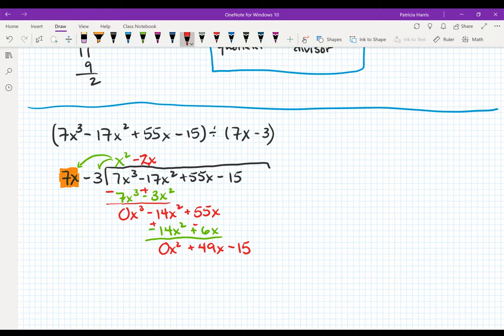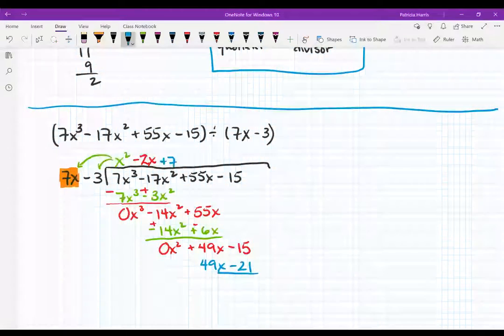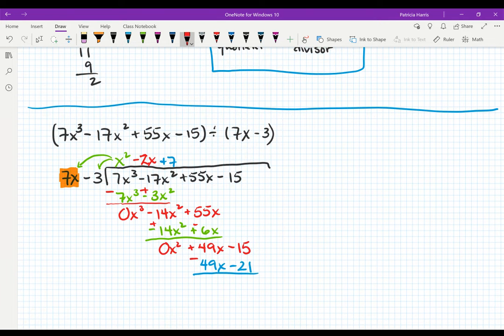So what do we need to multiply by to get a 49x? And that would be a 7. Again, we're going to distribute. So 49x, negative 21. Again, we're going to change those signs. So 0x, and then positive 6.